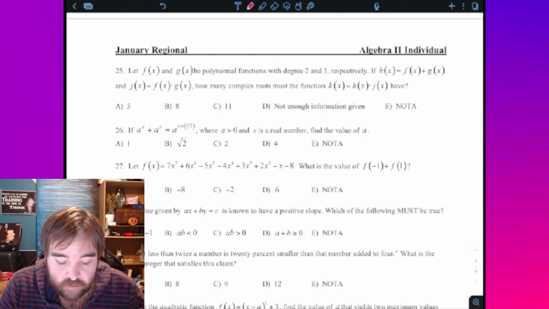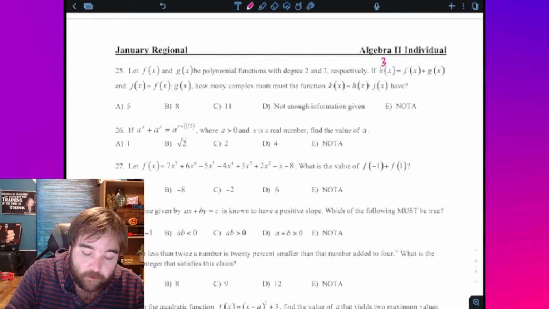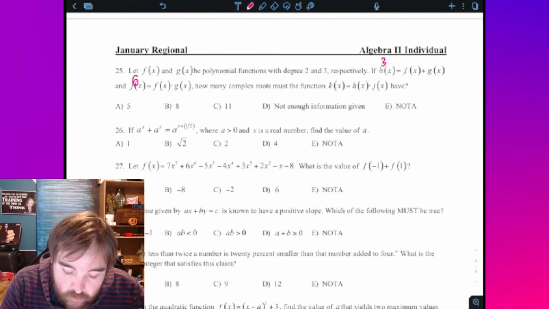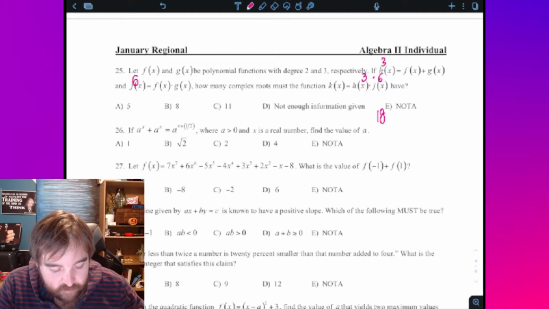And then if we do 6 times 3, 18, and that's not an answer. If we add them together, it's 3, so h of x is 3. And then here we multiply them, so j of x is 6. And then if we multiply those, 3 times 6, what?